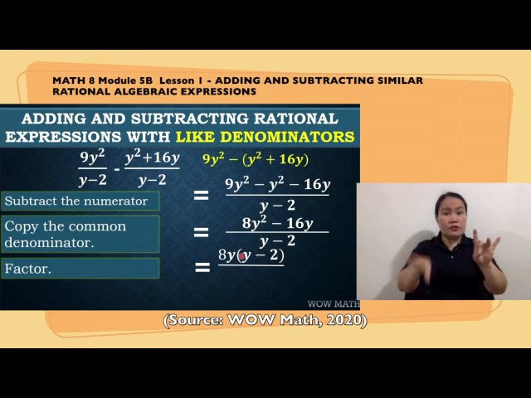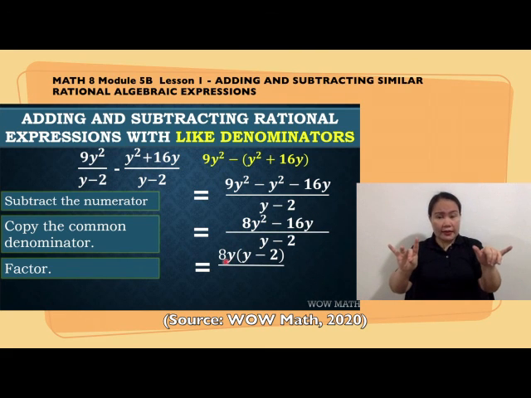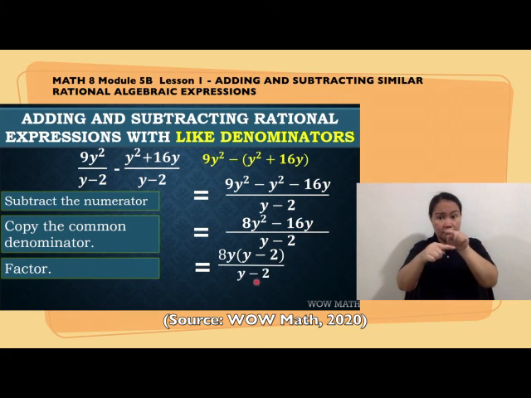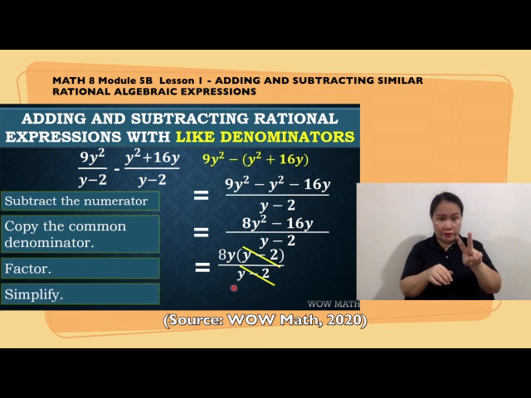So, that is 1. Okay? And then, 8y times y. So, that is 8y squared. And then, 8y times negative 2. That is negative 16y. So, copy the denominator. We can now cancel y minus 2. So, therefore, we will have 8y.